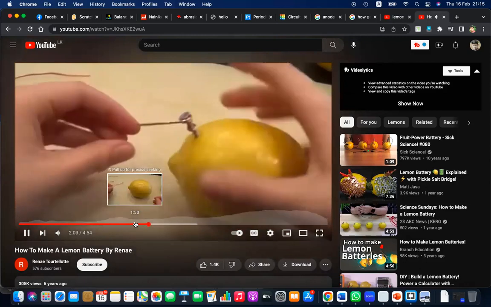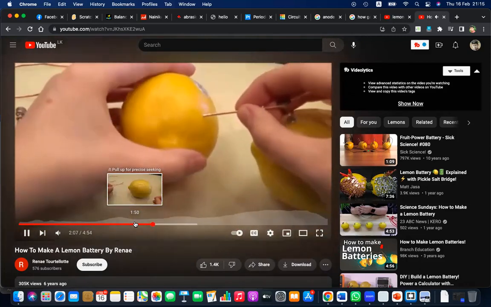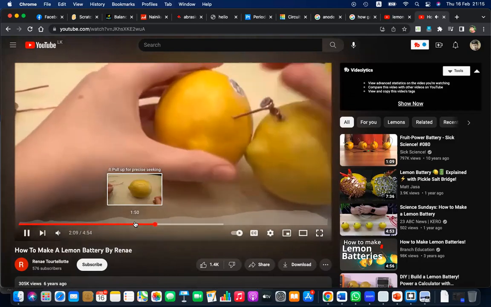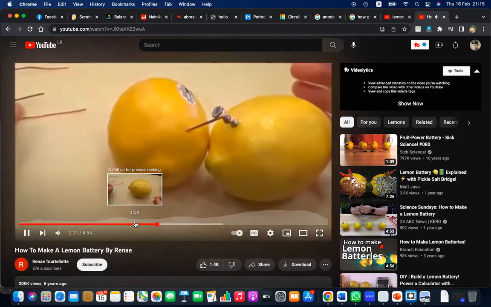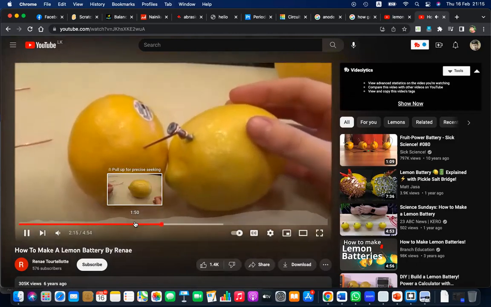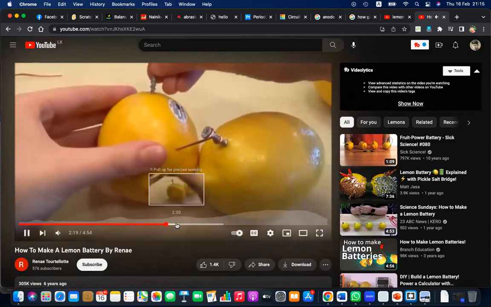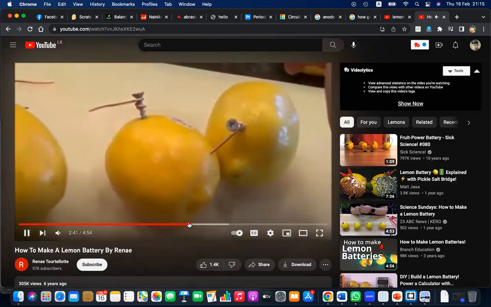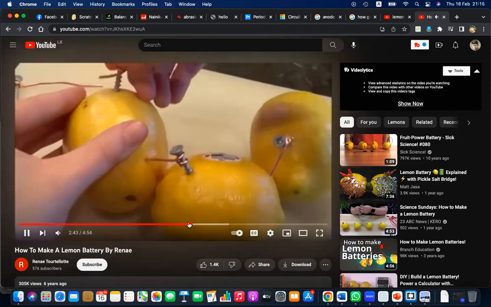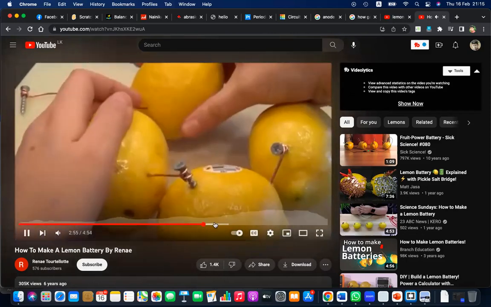Then we will take the other lemon and insert the copper cable. We will continue to do this with the rest of the lemons. The cathode is the acceptor of electrons. This will create an electric current, which we can use to power an LED.